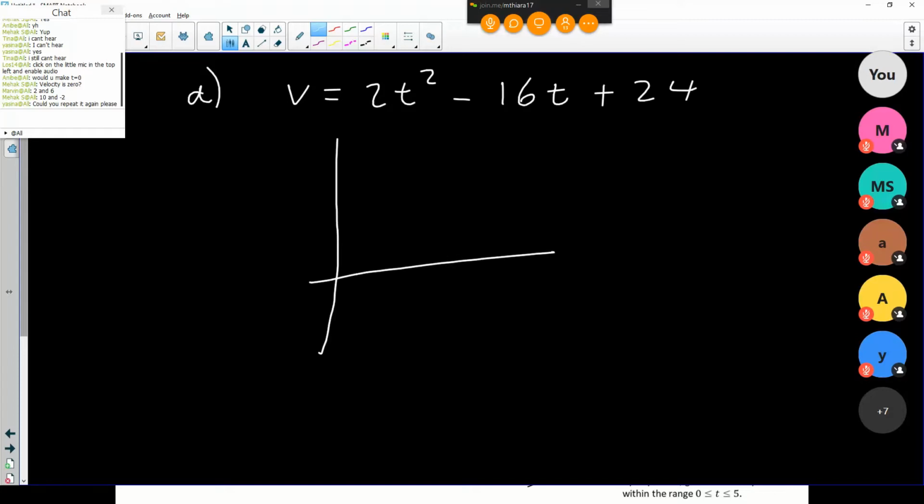It's a U-shaped graph because it's a quadratic. Here is the time axis and here is the velocity. At t equals 0 it was 24, and it goes down like that and then comes back up like that. You worked out the two instances where velocity was 0, because there's 0 on the velocity axis. And when was that 0? At 4 and at 6. Sorry, it was at 4 and at 6. Let me just go up.